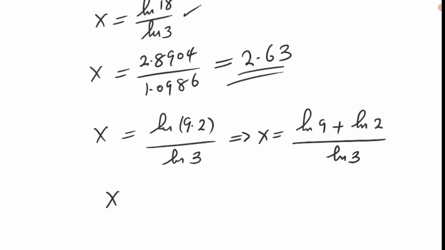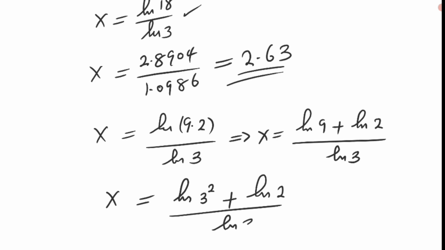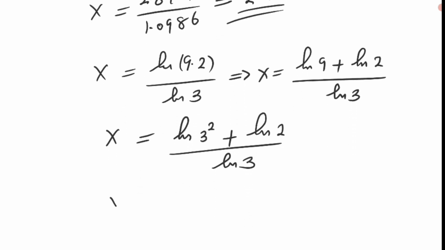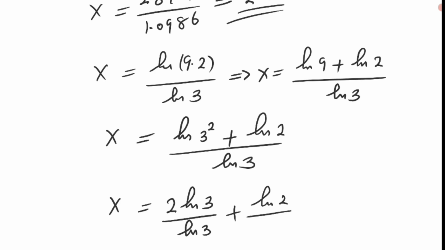Then s is equal to, ln of 9 can be written as ln of 3 squared, plus ln of 2 over ln of 3. Then s is equal to 2 ln of 3, let's split it, over ln of 3 plus ln of 2 over ln of 3.